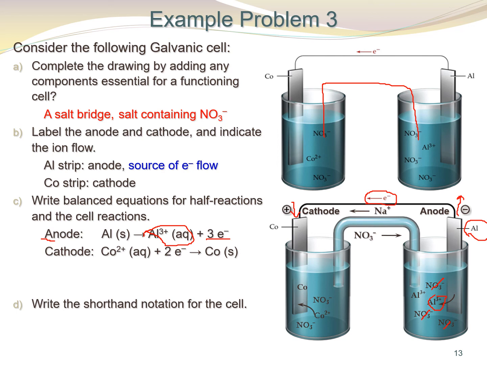For cathode, we understand it's reduction. Reduction will have electrons as a reactant. Since the left-hand side already has electrons, negative charge, it has to be the cobalt 2 plus to get the charge balanced. Cobalt must be on the right-hand side to have the charge balanced. This is how we write up the half reactions.